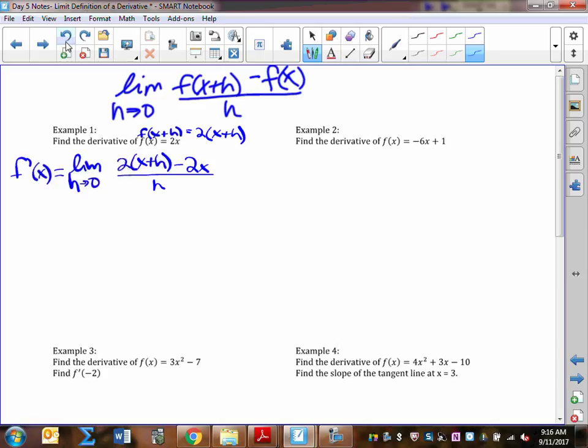Now again, if we put in 0 for h, it's still going to give us issues. So let's go ahead and simplify and manipulate it, see if we can do something. So distributing our 2, we would get the limit as h approaches 0 of 2x plus 2h minus 2x over h.